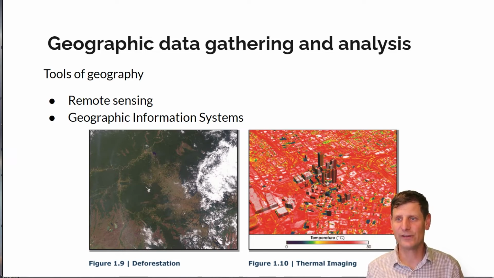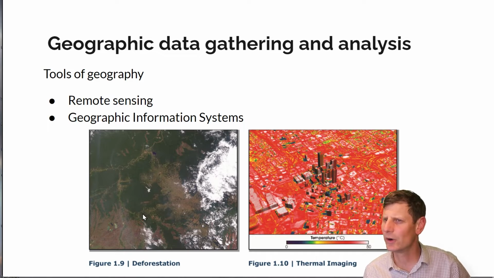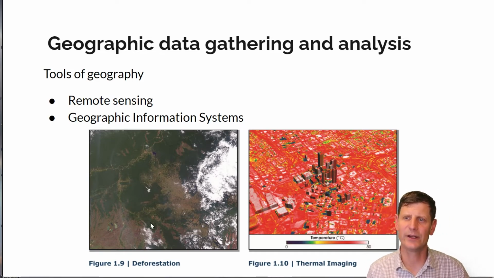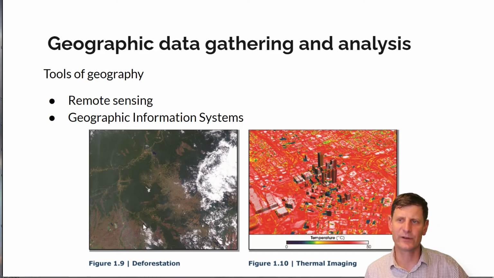So remote sensing is just how we get the data, how we find out about the Earth. In this case, we've got a satellite image of deforestation, I believe in the Amazon, but I'm not sure. Don't quote me on that. But we can map things like deforestation through visual means like satellite photography. We can also use remotely sensed wavelengths that are not visible.